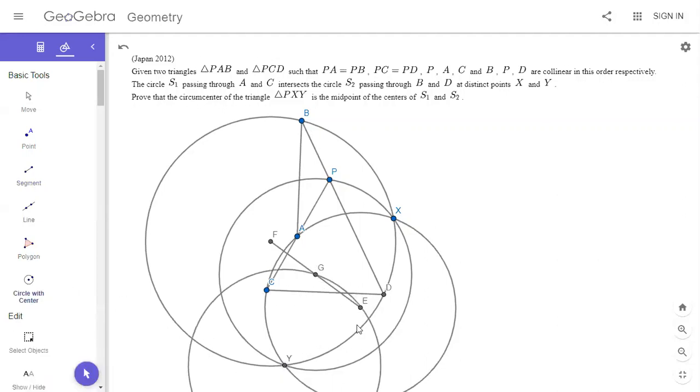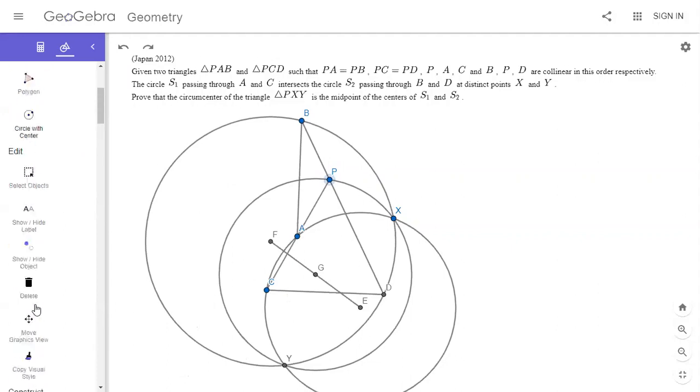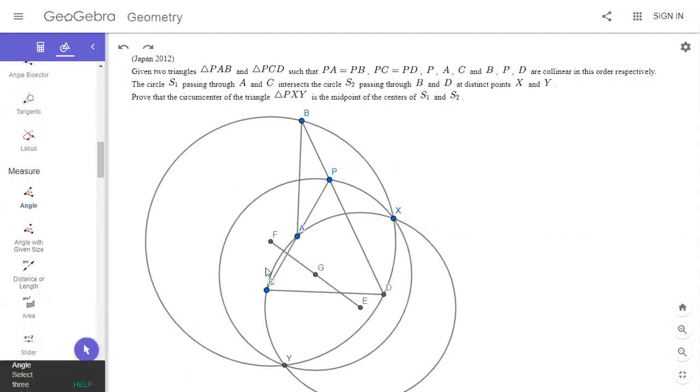Is YG equal to YE? I don't think so. I think that would break symmetry. Let's see. YGB is 156. YEX. Yeah, it's the perpendicular bisector of XY.